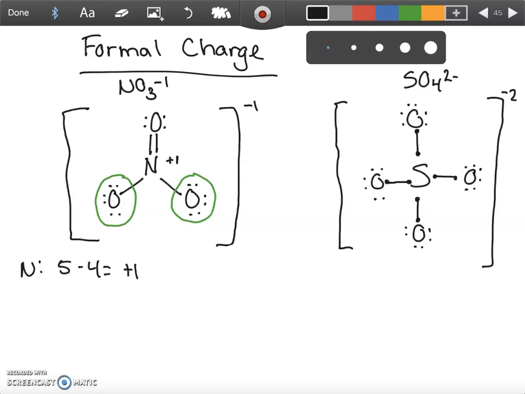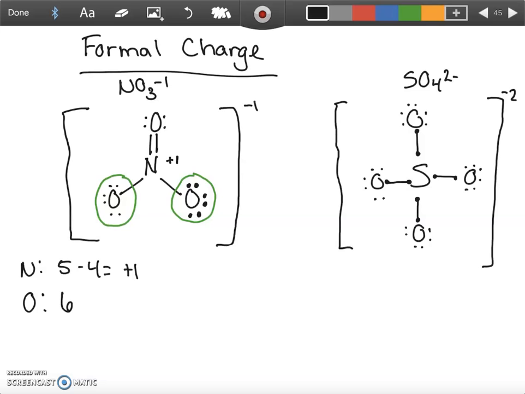Because those are both the same, we'll do them in one calculation. Normally, oxygen has 6 valence electrons. But in this case, for both of these oxygens, there are 1, 2, 3, 4, 5, 6, 7.